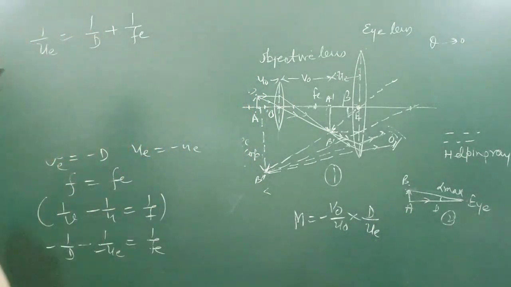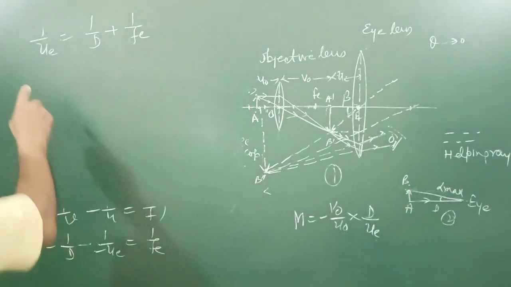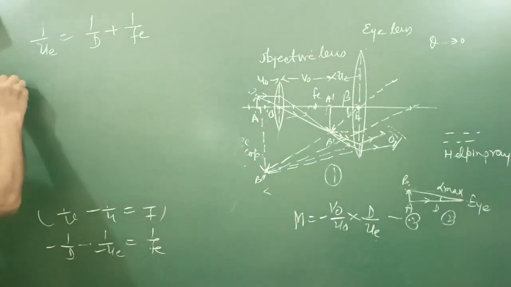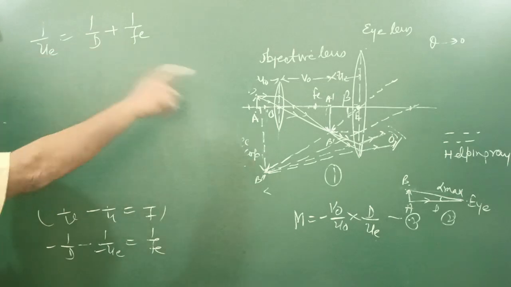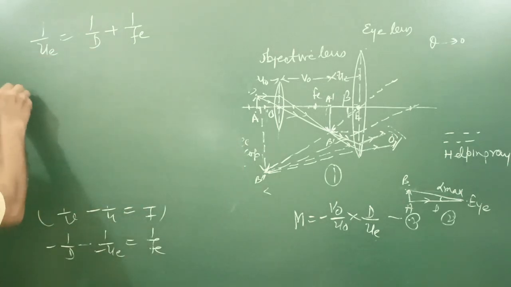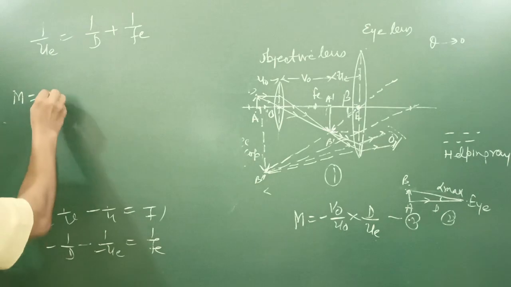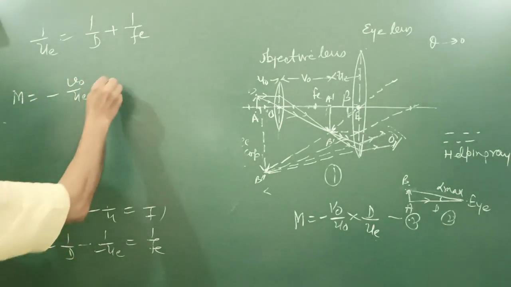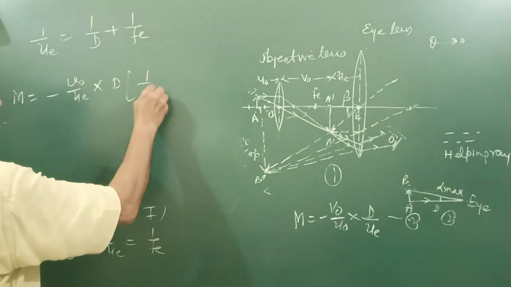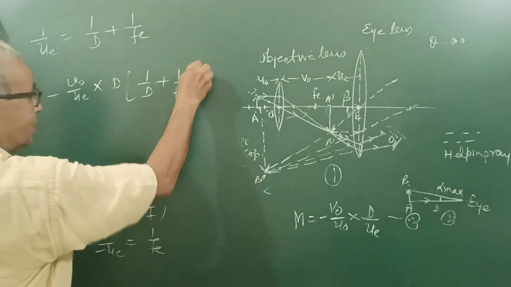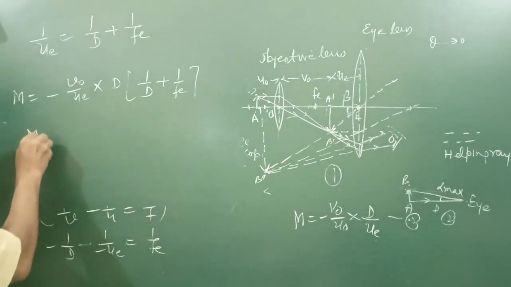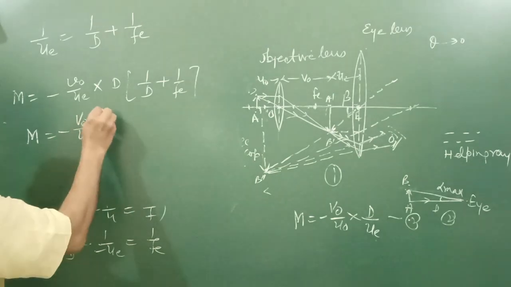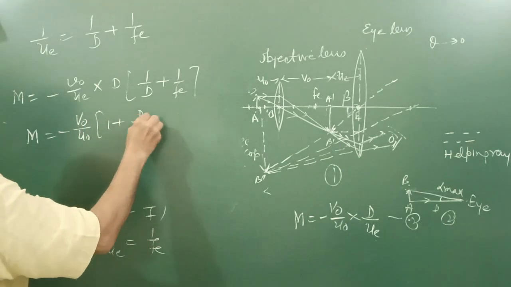We get M is equal to minus VO over UO into D bracket 1 upon D plus 1 upon FE, or M is equal to minus VO over UO into 1 plus D upon FE.